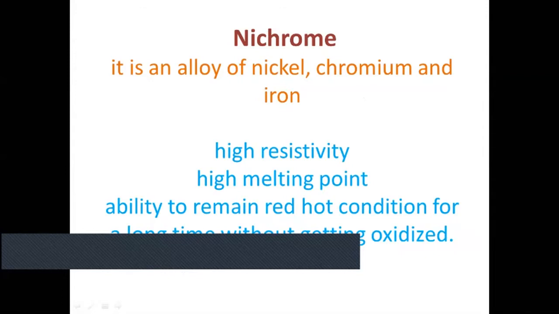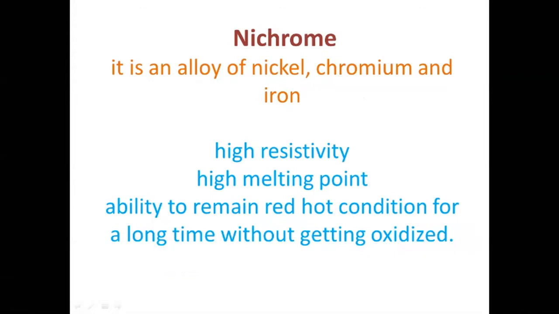There are so many home appliances that work on the heating effect of electric current, and nichrome is the coil used in those devices. The mixture of these three substances forms the alloy nichrome, and we use nichrome coils in all of those instruments.